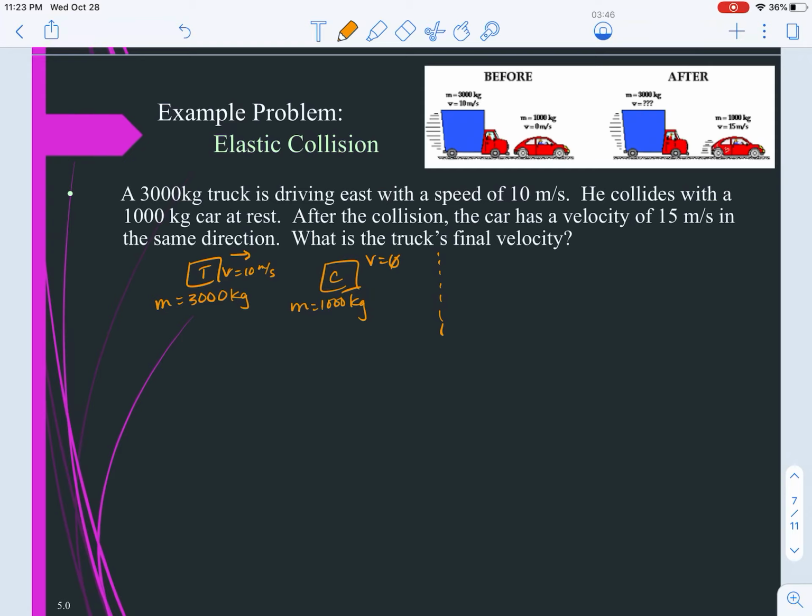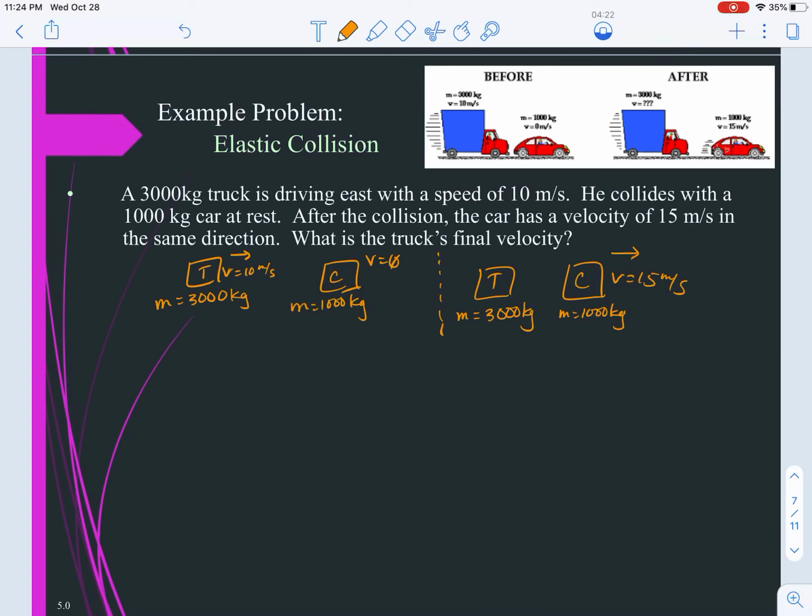So then they are going to collide. After the collision, the car has a velocity of 15 meters per second in the same direction. So here's my car. Its mass has not changed, and it has a velocity of 15 meters per second in the same direction as the truck that was moving initially. So it's going to be a positive 15, continuing to move to the right. What is the truck's final velocity?